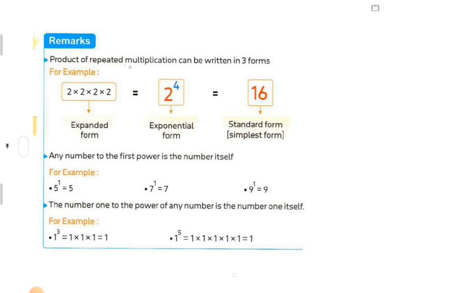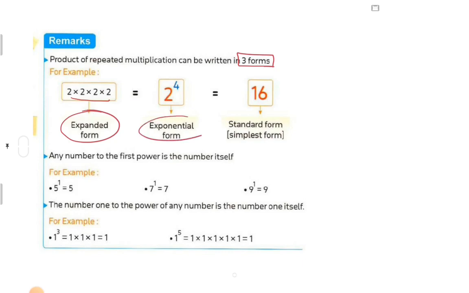The product of repeated multiplication can be written in 3 forms. Now we have the expanded form. The expanded form consists of the repeated multiplication 2 by 2 by 2 by 2, so we have times 2, four times.